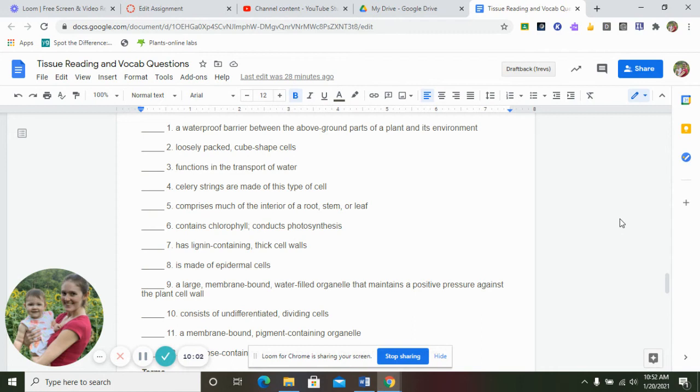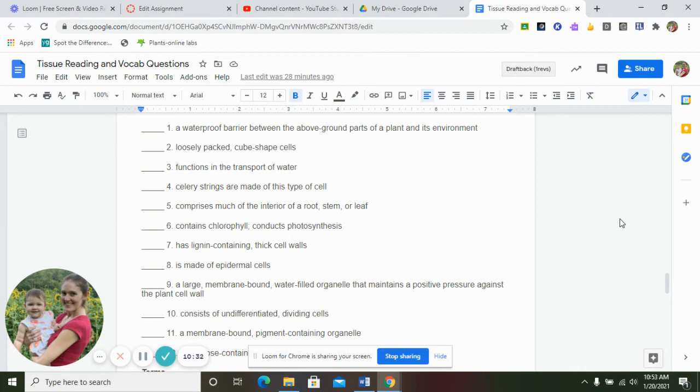A membrane-bound pigment-containing organelle, that's going to be a chromoplast, D. And the last one, a cellulose-containing structure that covers the plant plasma membrane would be the only one we have left here. Which that one should be A, actually.